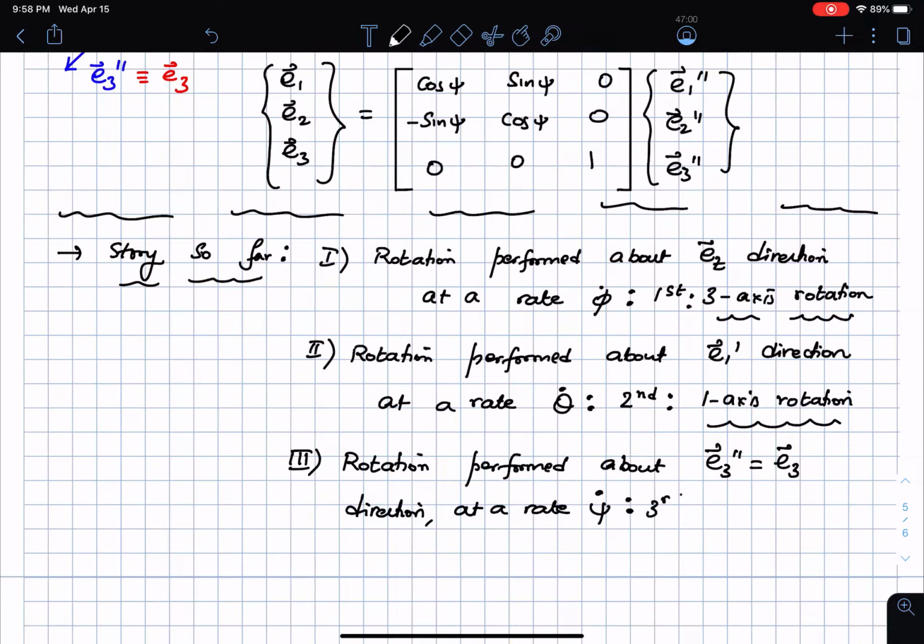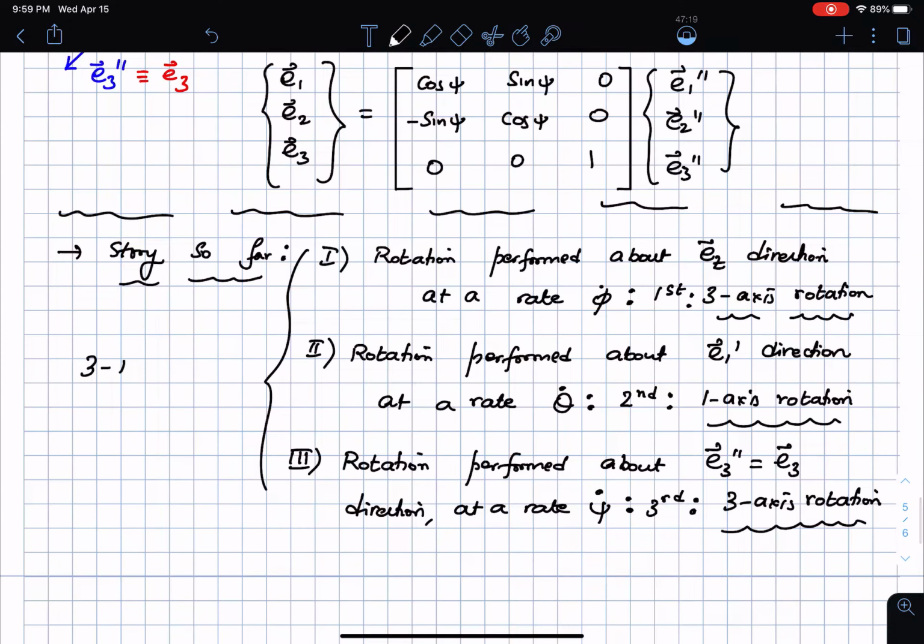This is the third rotation, and this is a 3-axis rotation. And so you see that, okay, the first rotation is a 3-axis rotation, the second is a 1, the third is a 3-axis rotation, and so this sequence is called the 3-1-3 Euler sequence. Okay, and for me, this is the easiest way to visualize the motion of rigid bodies.